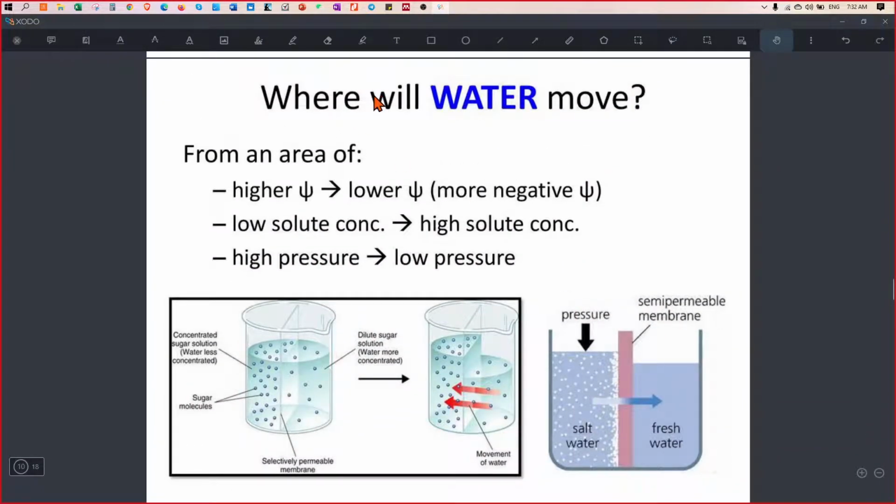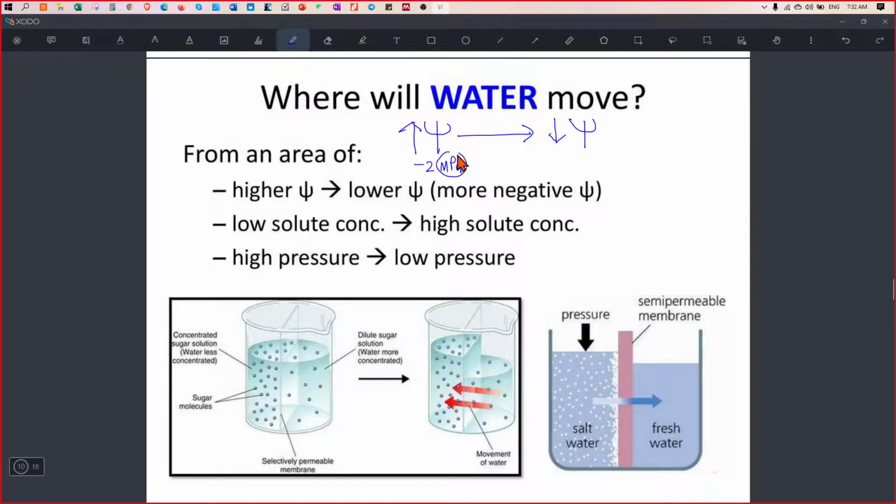So why is water potential important? Because this will dictate where the water moves. The law is that water goes from high water potential to low water potential. A site with high water potential will always go towards the site with low water potential. Not necessarily positive. For example, if one site has negative 2 megapascal of water potential.